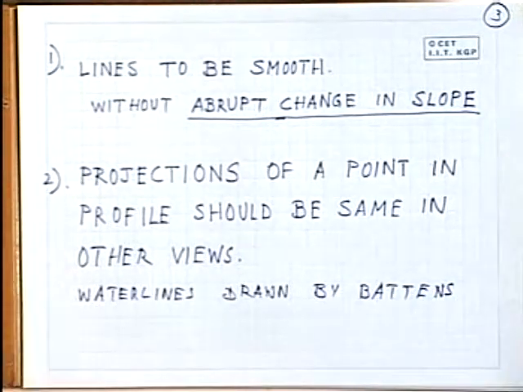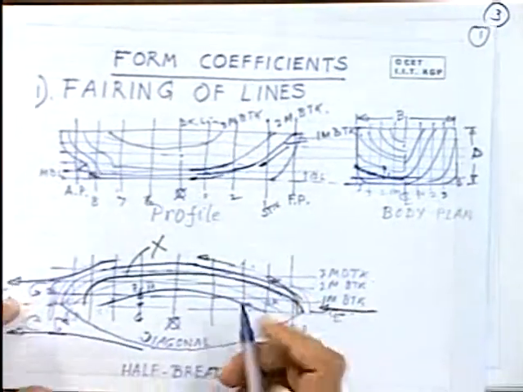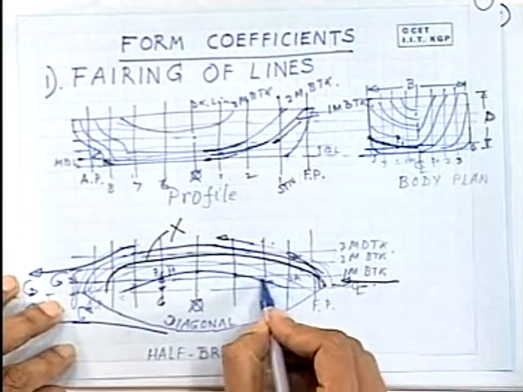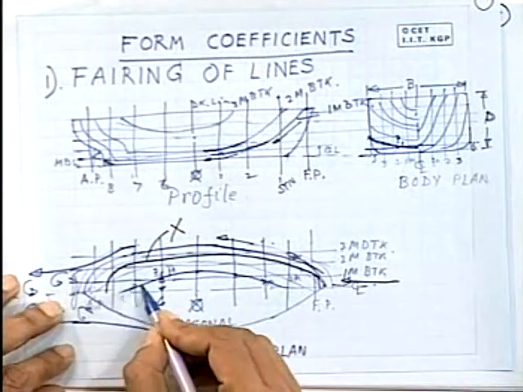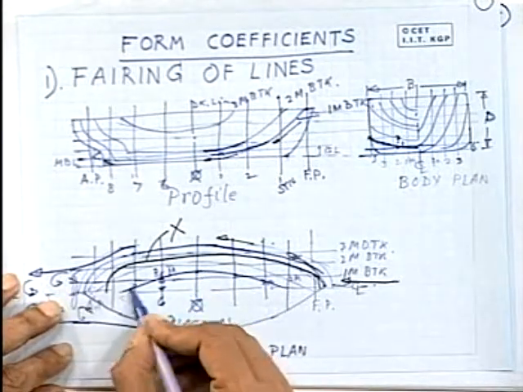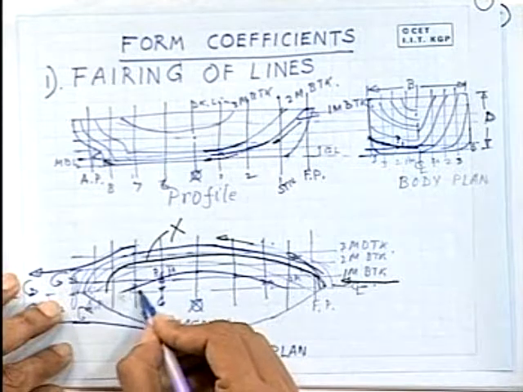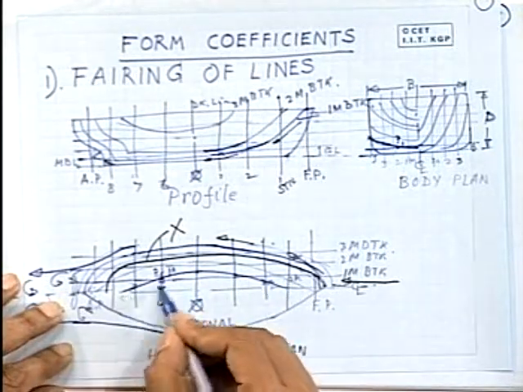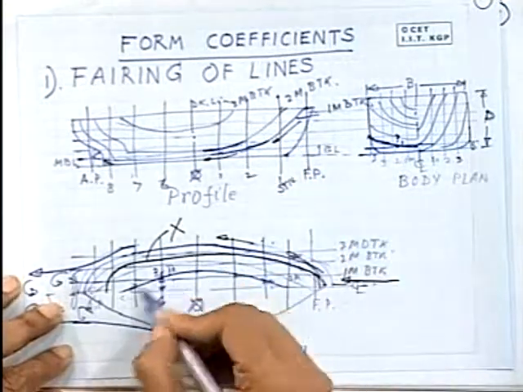Battens are nothing but very slender plastic strips which are placed on these points which have been obtained from the offset table, and then by means of a pencil one draws the line, and on the stations you place weights which guide the slope of the water line or buttock, whatever it is.